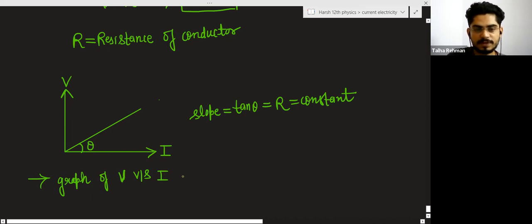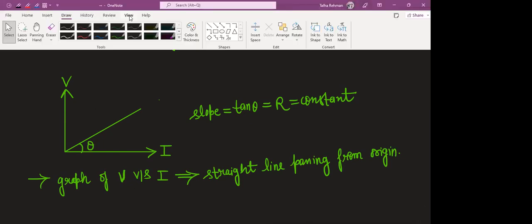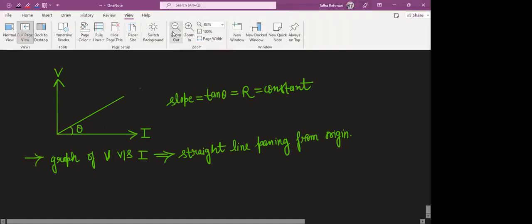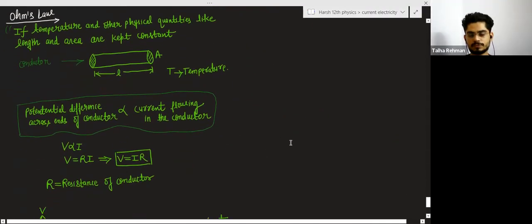Potential difference versus current is a straight line passing through the origin. Please note it down. This is Ohm's law.